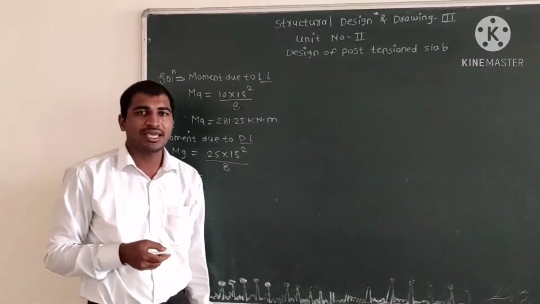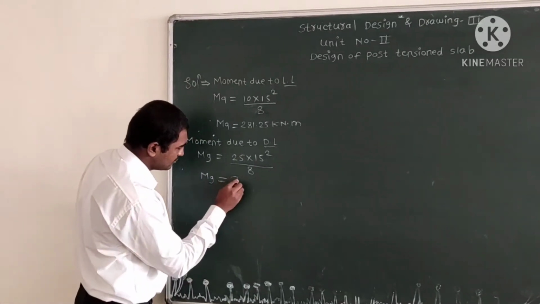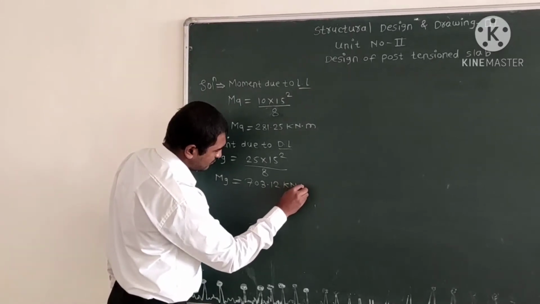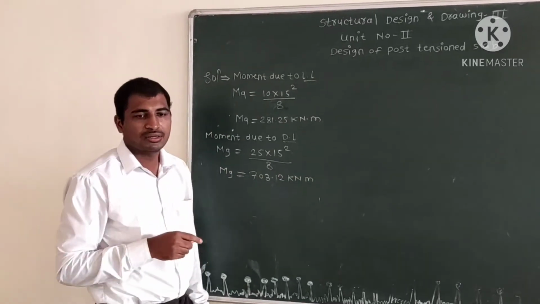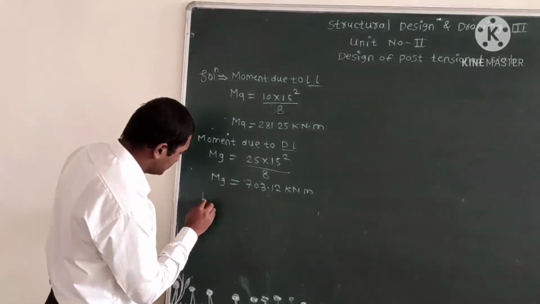Calculate these terms in a calculator. We get the answer 703.12 kilonewton meter. Next, range of stress at bottom fiber.